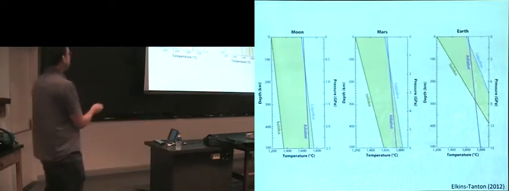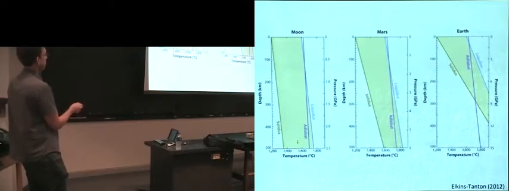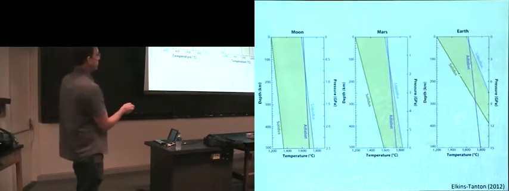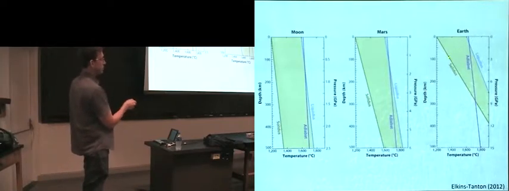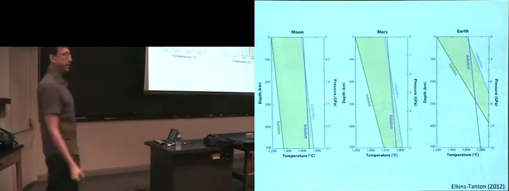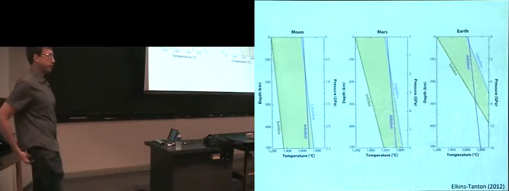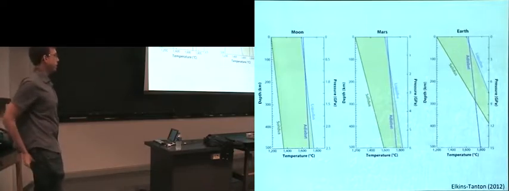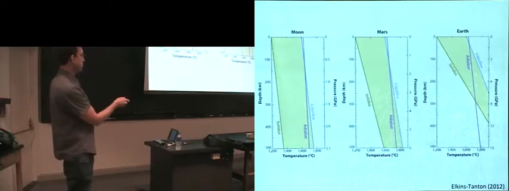On the moon, you can see that because the pressure does not change as much, the liquidus and the solidus are such that it's a lot easier to get melt at depth, whereas on the Earth, because of the increasing pressure, it's much harder to maintain a magma ocean down to the lower depths.